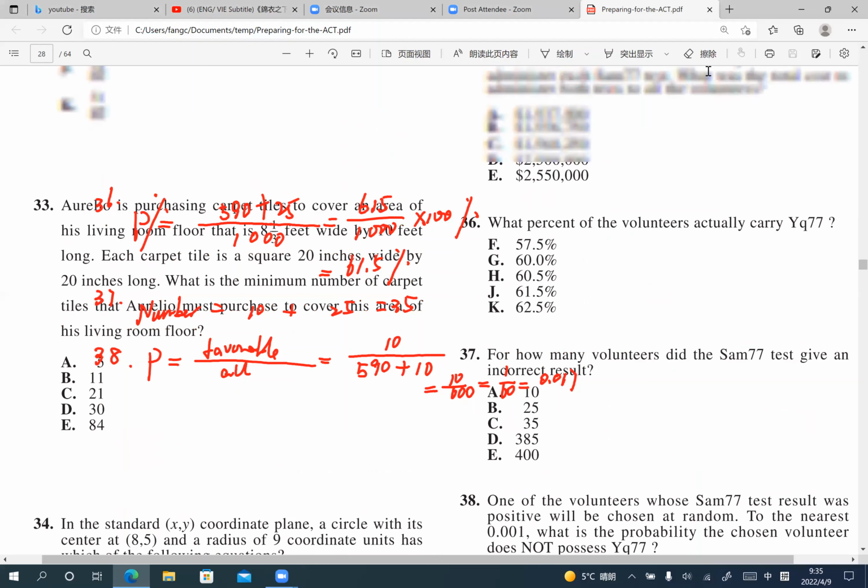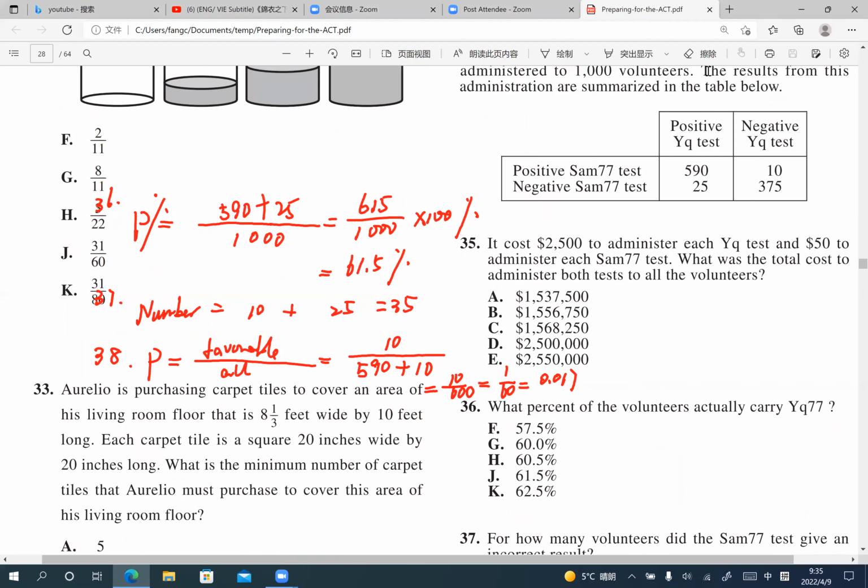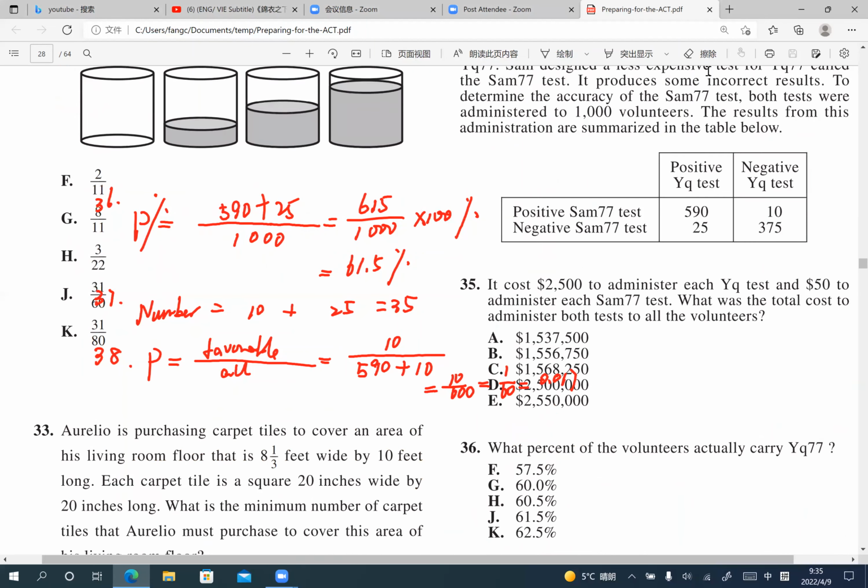So let's go back to the table. The number of volunteers whose result is positive in the SAM-77 test is 590 plus 10. So the number of all possible outcomes is 600.